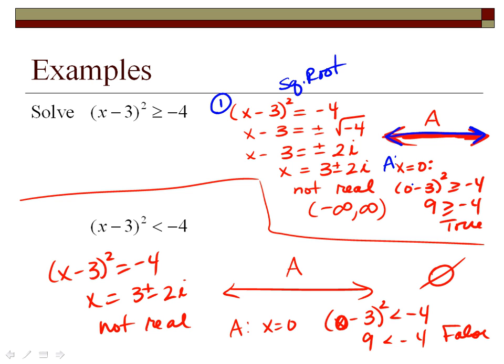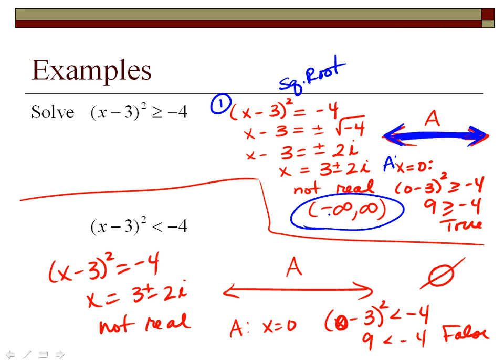Because 0 minus 3 is negative 3, but negative 3 squared is positive 9. 9 is greater than or equal to negative 4. That's true. So that means if the one number from that one region tests true, every number is a solution to that inequality. So my solution in interval notation would be from negative infinity to infinity, or all real numbers.